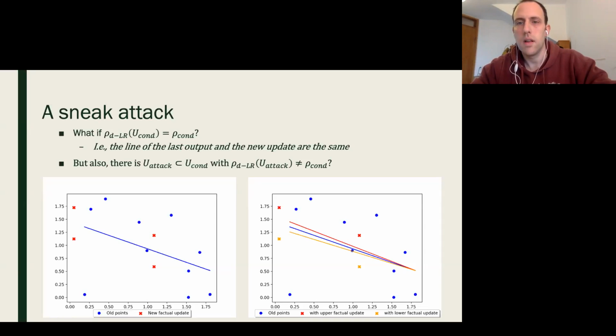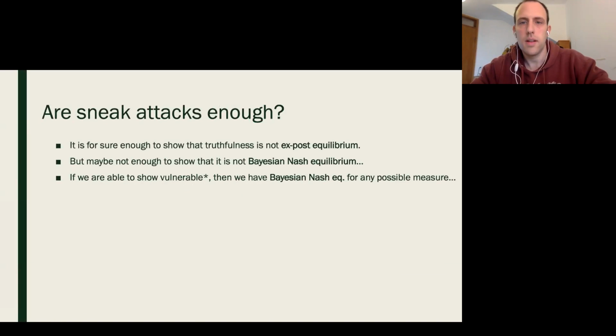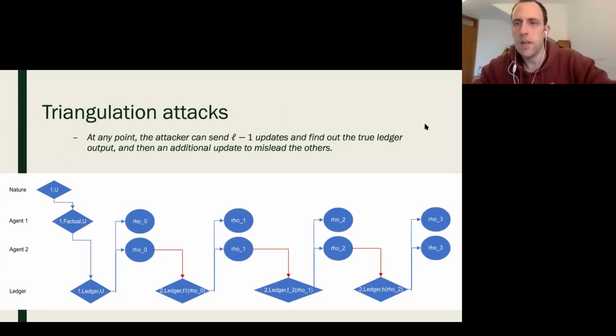It's quite a low chance. So it's enough for ex post, maybe it's not enough for Bayesian-Nash. So now we move to vulnerability star. Because it shows for every nature input, then no matter what is the measure that we define, it should be enough to show that the truthfulness is not an equilibrium. Yotam? Okay, so let's see what we can do.